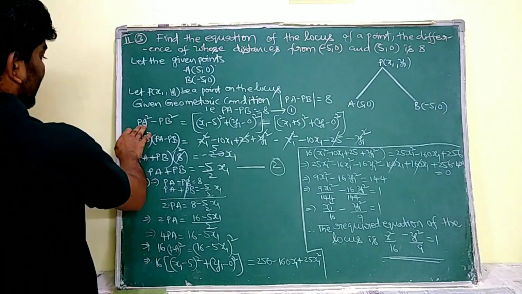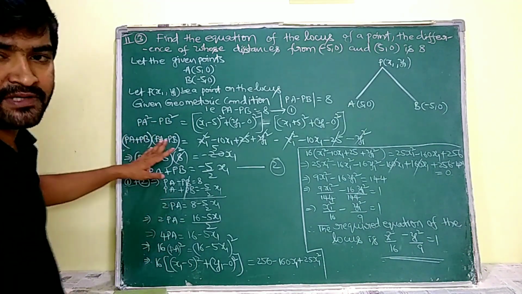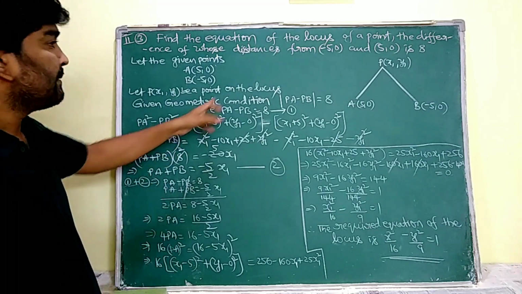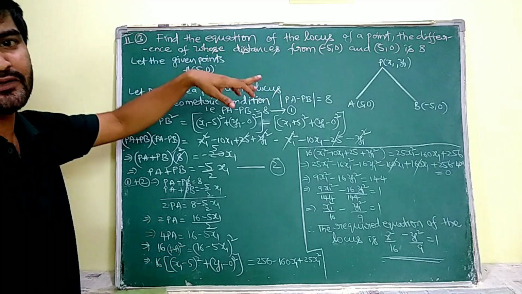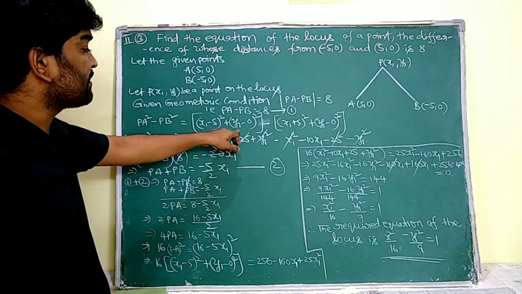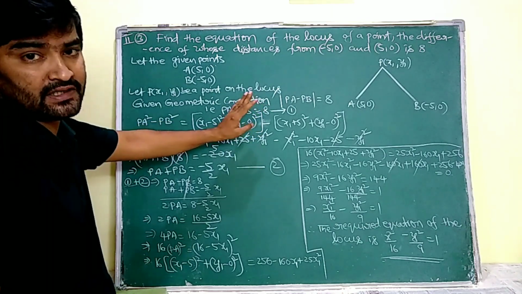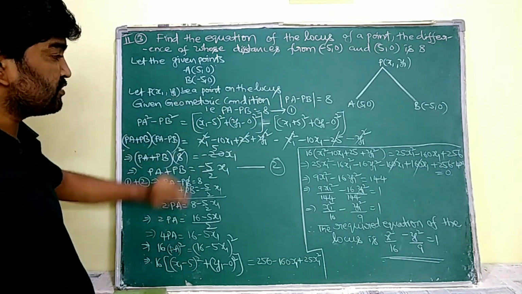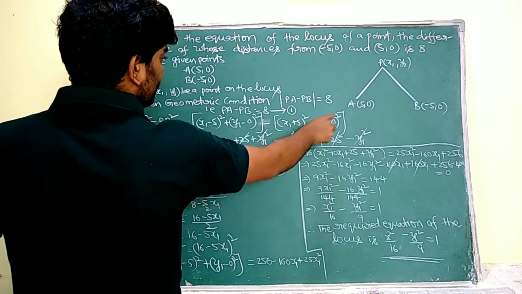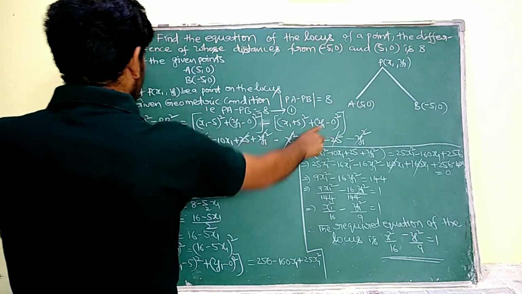Now I am going to find the value of PA square minus PB square in general. PA means the distance between P and A: (x1 - 5) whole square plus (y1 - 0) whole square. As it is squared, the root is cancelled. Similarly, (x1 - (-5)), that is (x1 + 5), whole square plus (y1 - 0) whole square.